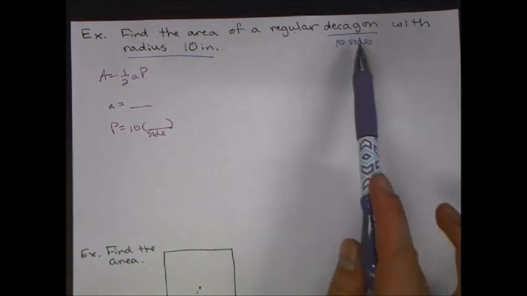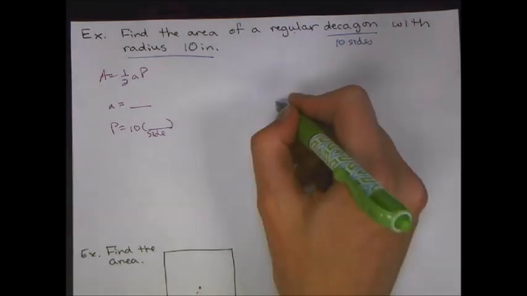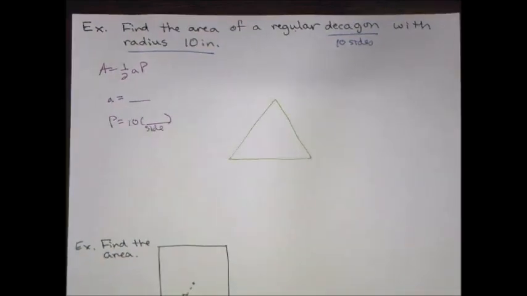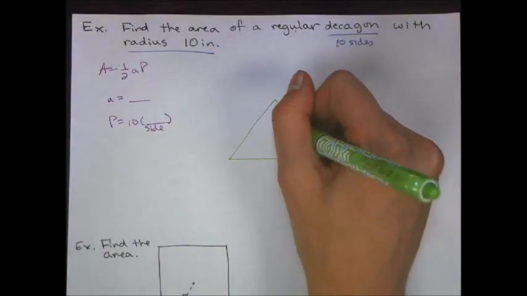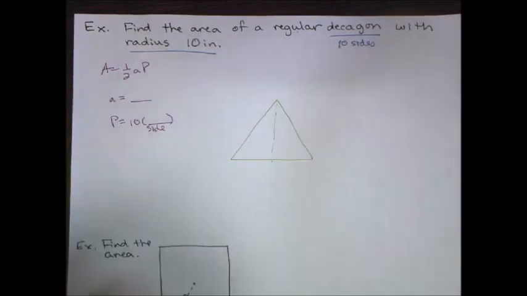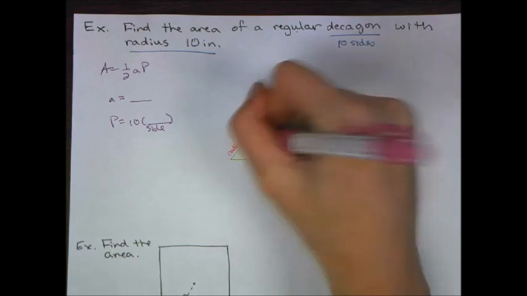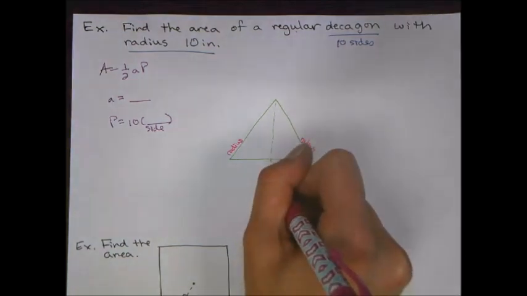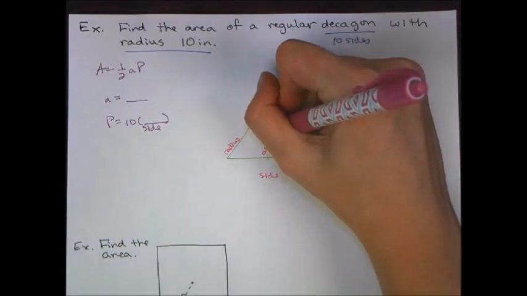For a decagon, I don't really want to draw a decagon. Now, the important piece of the decagon is that middle triangle, so I'm going to draw the middle triangle. And then here's my apothem. So here I have my radius, another radius, this is my side, and then my apothem.